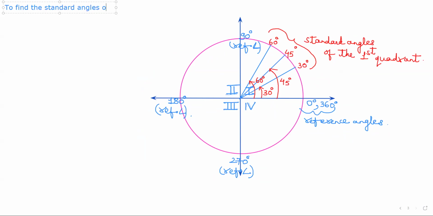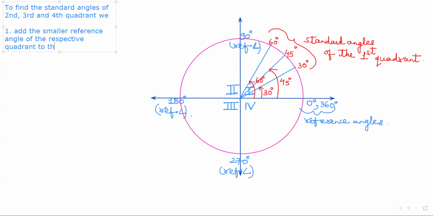The first method is: add the smaller reference angle of the respective quadrant to the standard angles of the first quadrant.